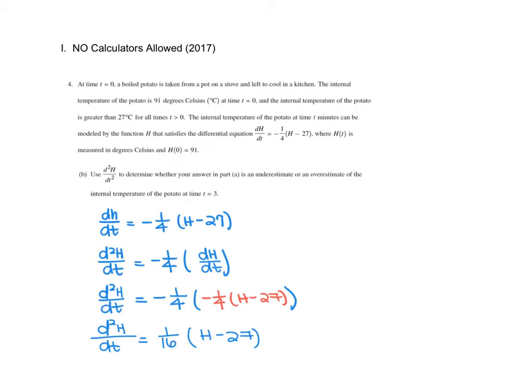Now it tells us from the beginning that the temperature of the potato is greater than 27 for all time. So h is bigger than 27, so h minus 27 is always positive, times another positive number. So the second derivative is always positive at all time t, which means h of t is concave up.